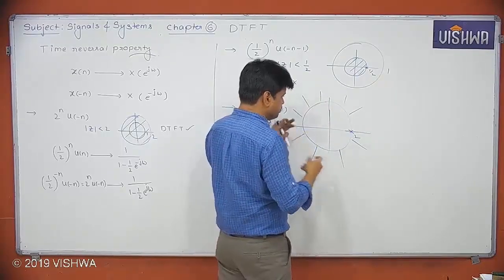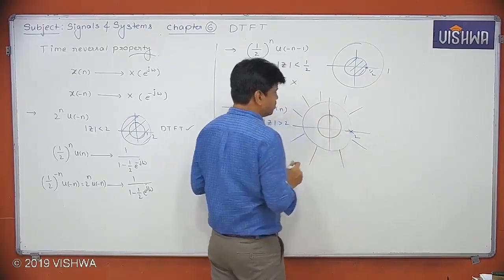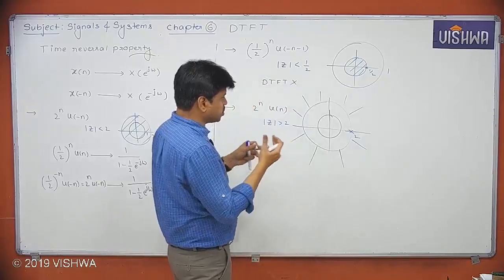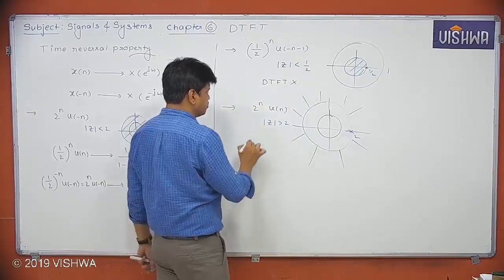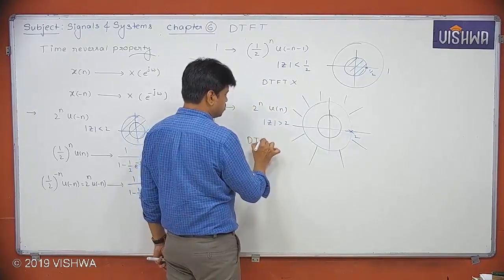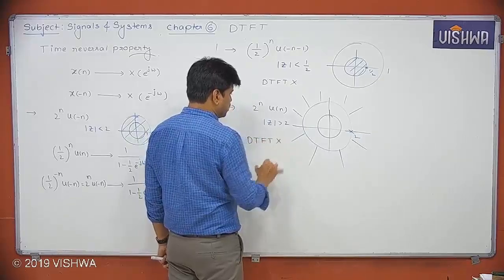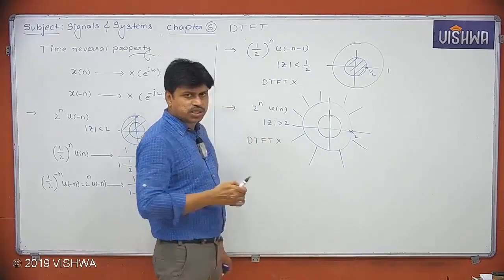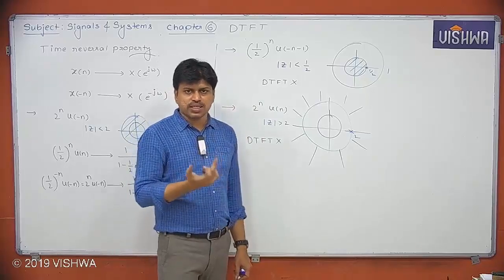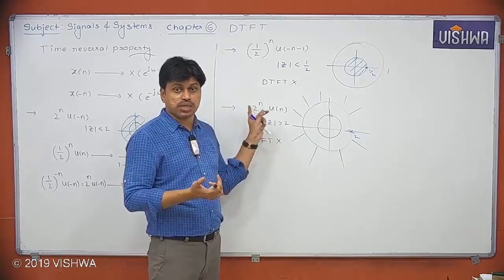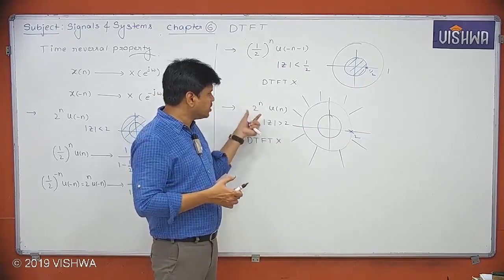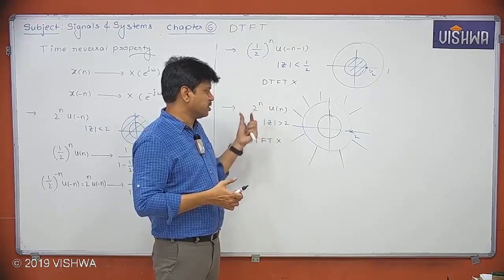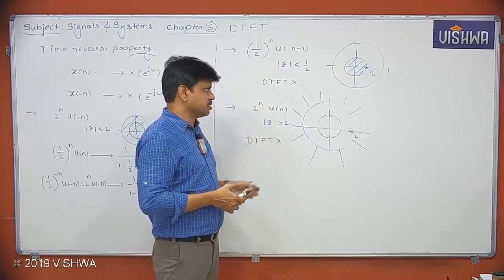That is inside. So the DTFT does not exist because the ROC does not contain the unit circle. Directly also we can say 2 power n u of n is a growing exponential, and at n is equal to infinity its value goes to infinity. So it is an unbounded function, so we can say the DTFT does not exist.